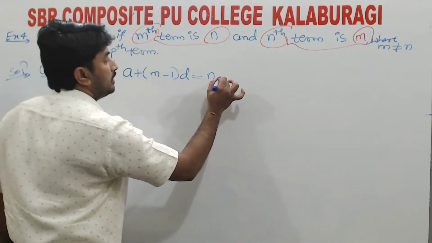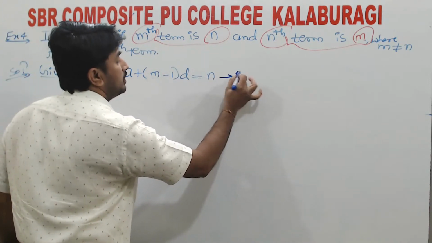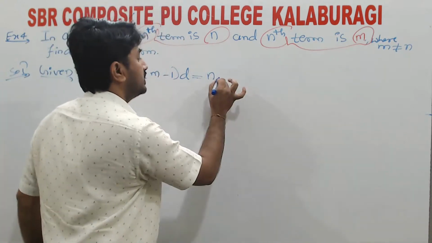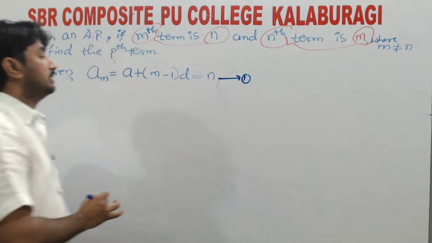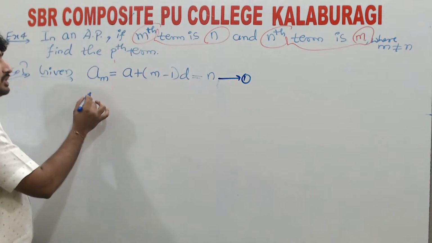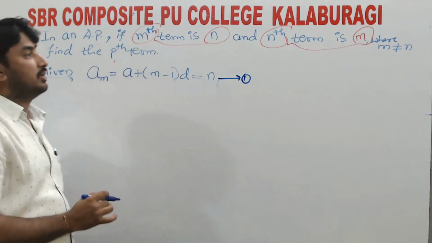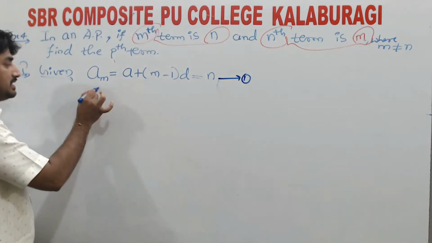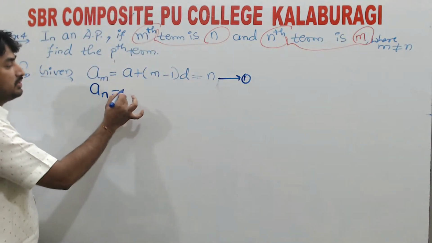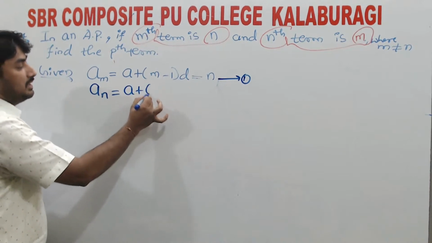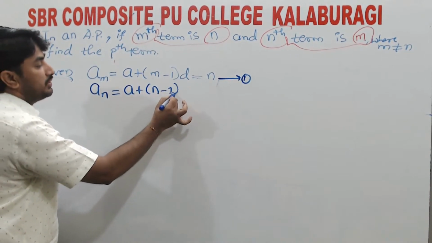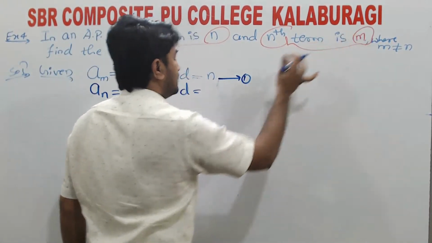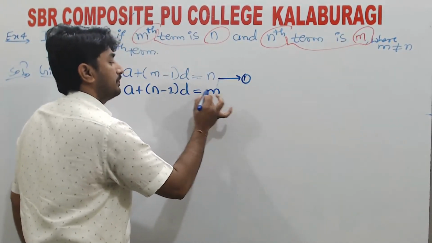Give it equation number 1. It is the mth term. And similarly, the nth term is m, so a plus n minus 1 into d is equal to m.